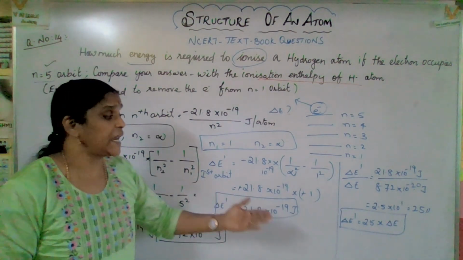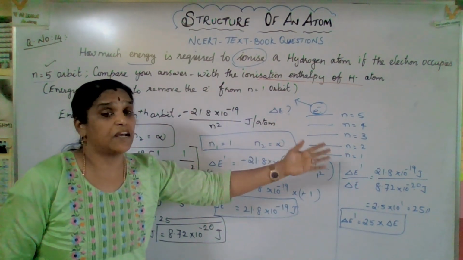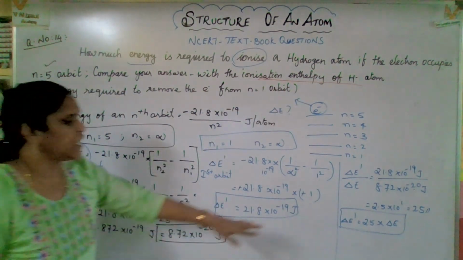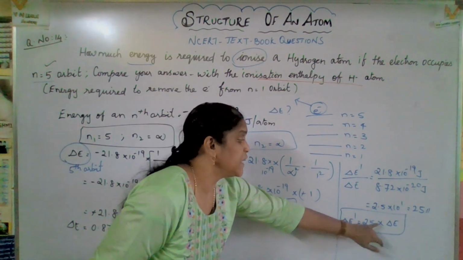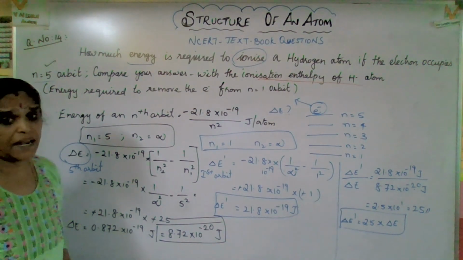So we require 25 times the energy to remove the electron from the fifth orbit. I hope you got a clear idea. So delta E dash equal to 25 into delta E. Yes, got it? Next question.